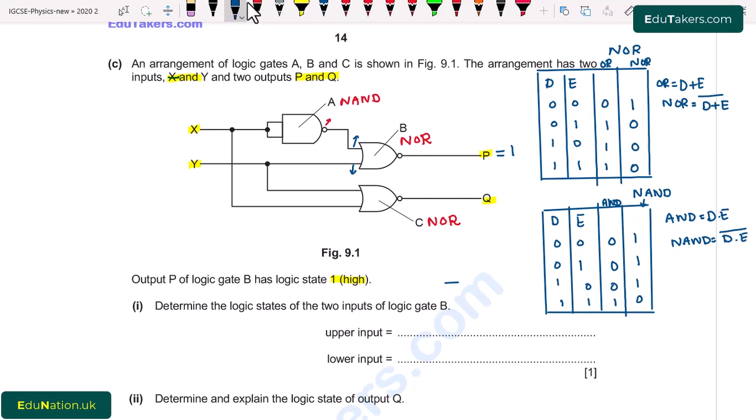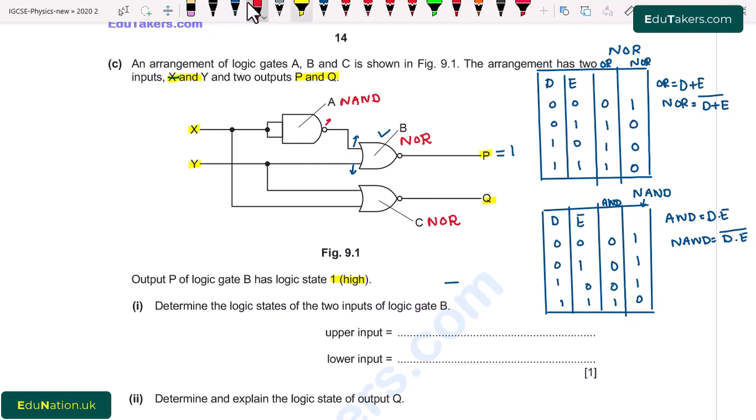Okay, now let's start to solve this question. The output P is equal to 1. You can see here that this is the NOR gate. We see the output of NOR gate.